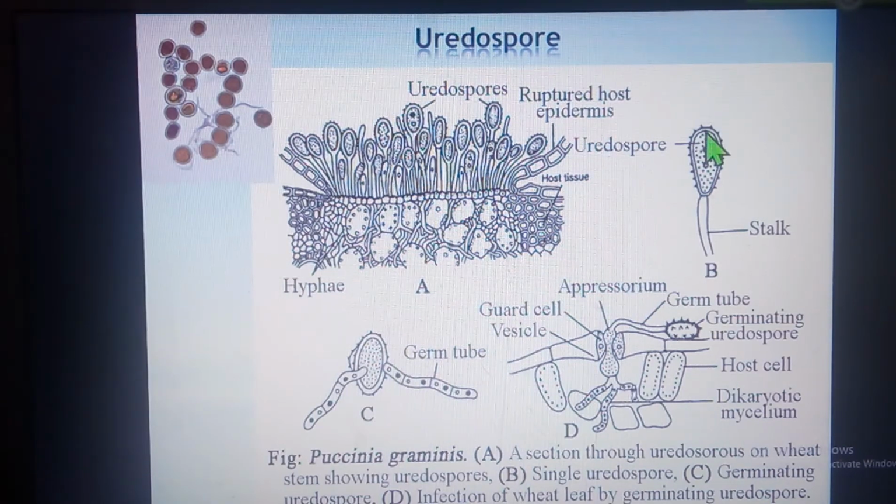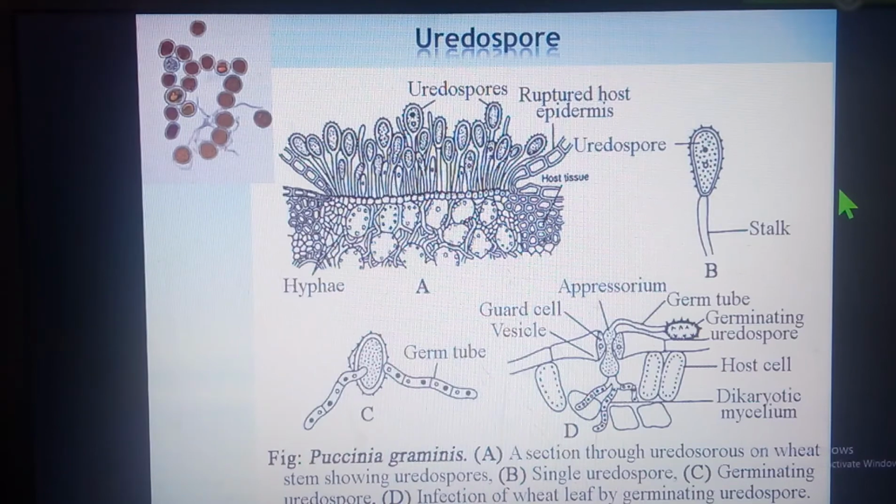Now the spore wall, you can see, has an echinulate outer layer. Echinulate means it is set with small spines. You can see here the outer layer is set with these small spines, so we call it an echinulate outer layer.